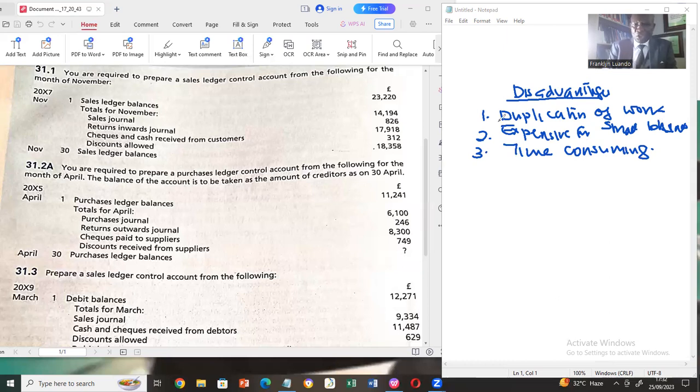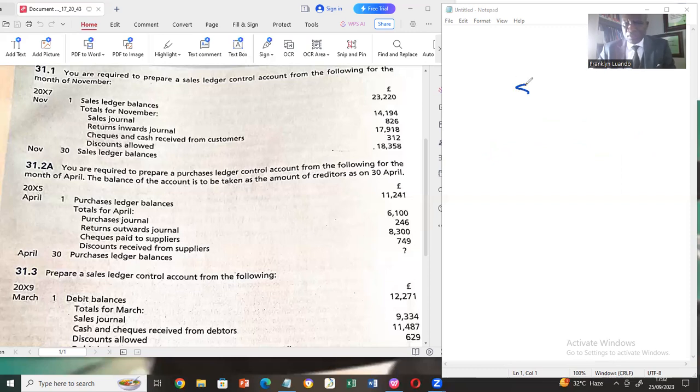Now I want to show you the format. The format for the sales ledger control account, abbreviation, sales ledger control account. This is the debit, credit.